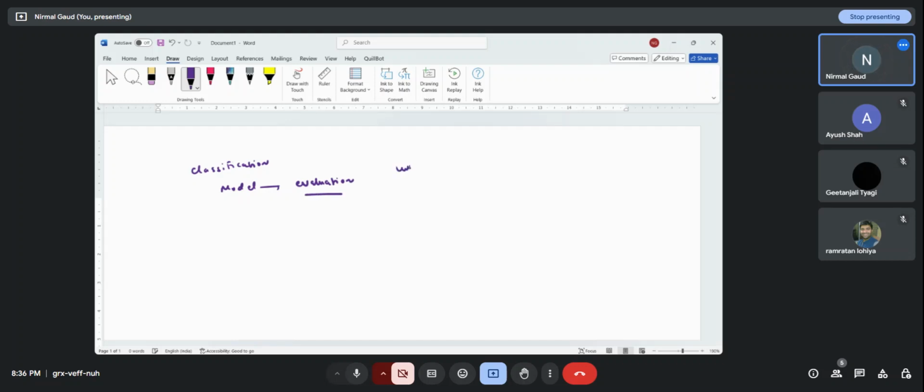Why? Because our model predicts classes or categories, and the way to evaluate such kinds of models doesn't require MSE or MAE.